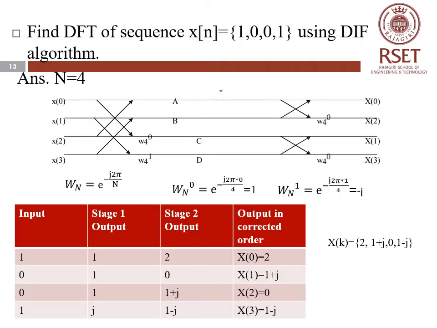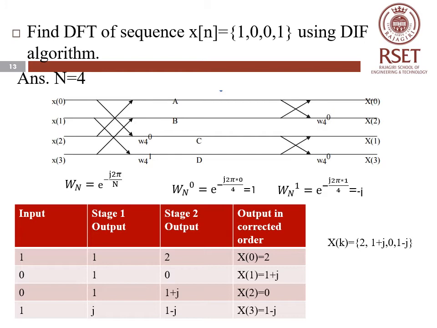Now let's consider a problem to find the DFT of a sequence, that is x(n) equal to 1 0 0 1, using the decimation in frequency algorithm. Since the length of the input sequence is 4, we are assuming capital N to be 4, and we have drawn the butterfly for the 4 point DFT computation.